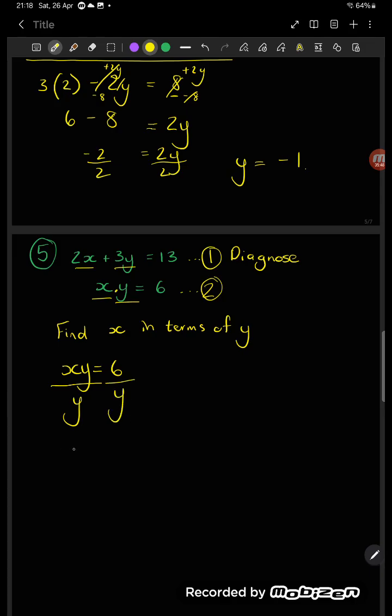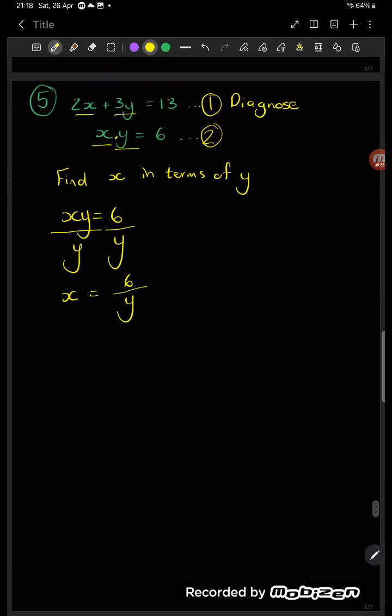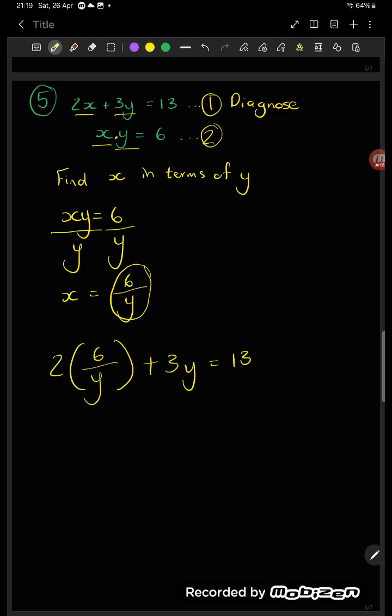So I'm going to say divide by y, divide by y. So x is equal to 6 over y. Okay, now I've got x in terms of y. So now I'm going to substitute.